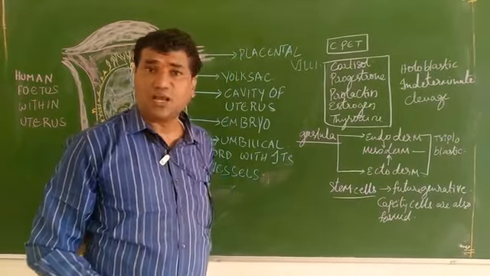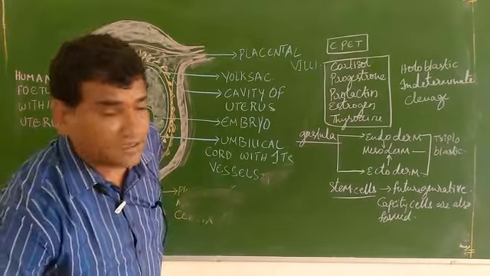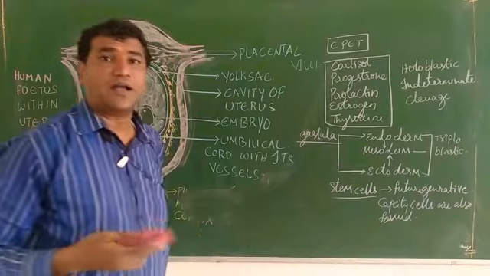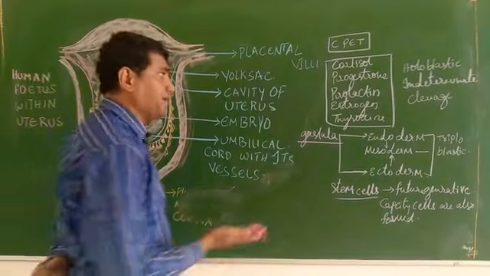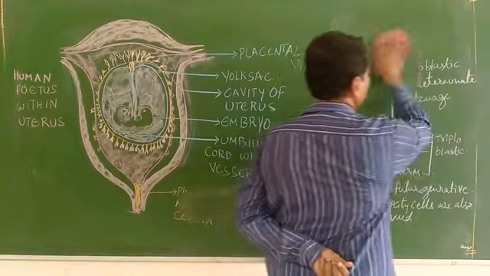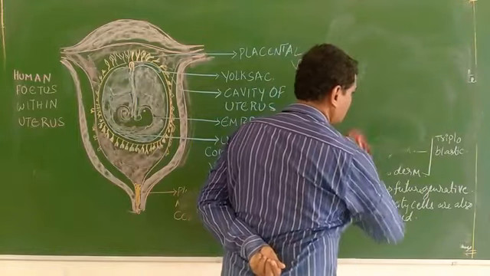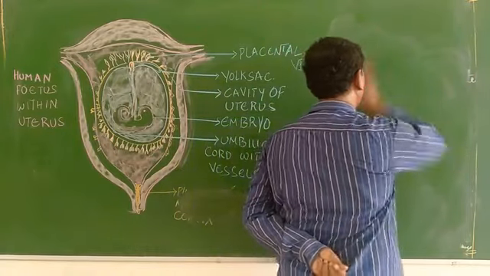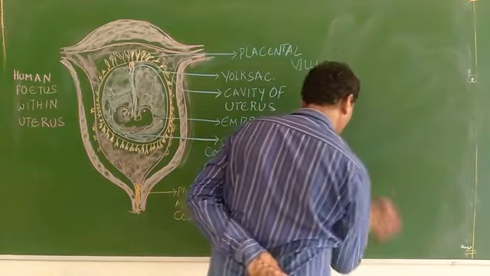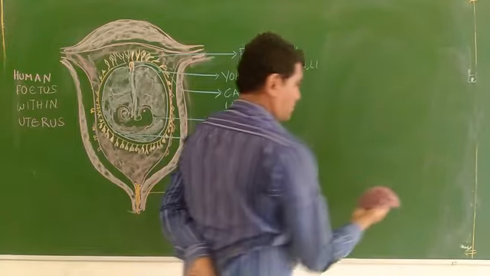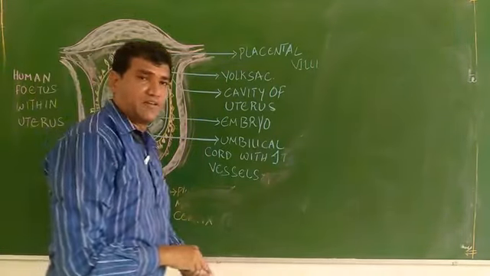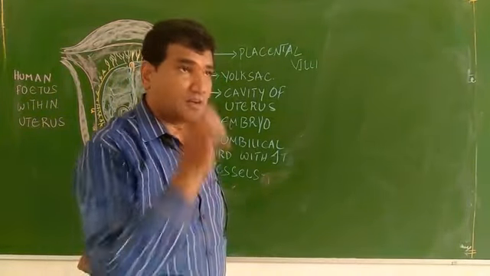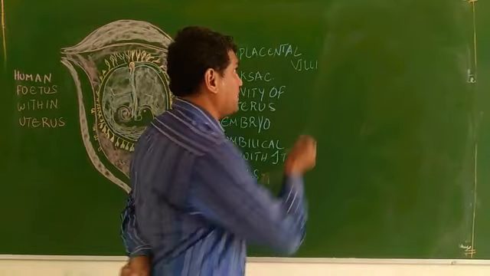Once the gastrula formation is completed, the embryo undergoes further development. The development of the embryo in human beings is divided over 9 months.